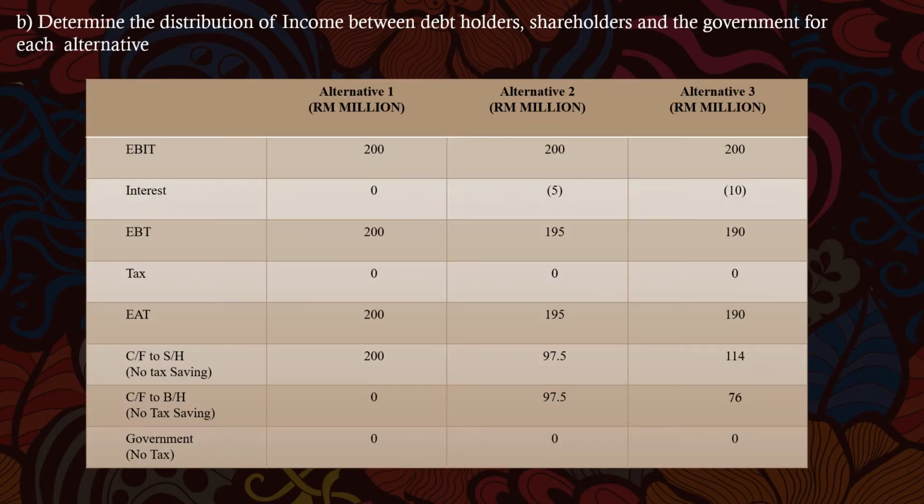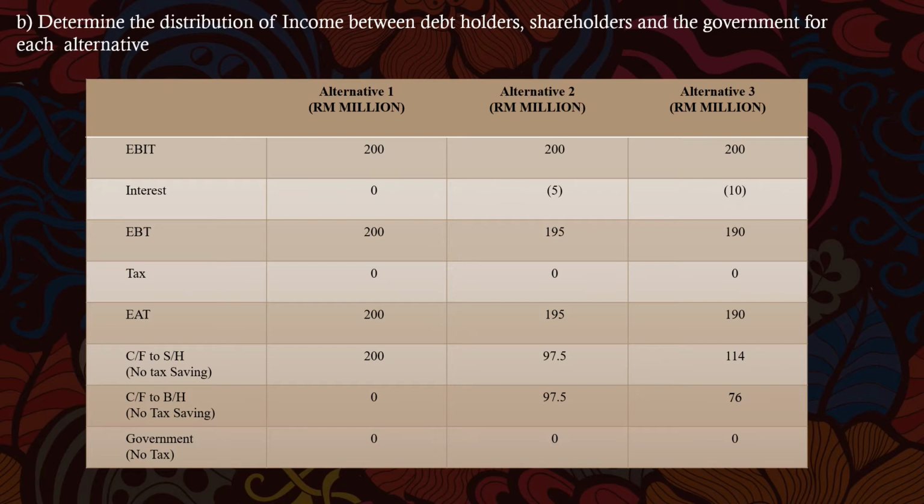So the next question is, determine the distributions of income between the debt holders, shareholders, and the government for each alternative. As you can see here, for alternative 1, there is no distribution of income to bondholders because alternative 1 is only financed with new equity, and also no apportionment to the government because no tax is charged to the company.